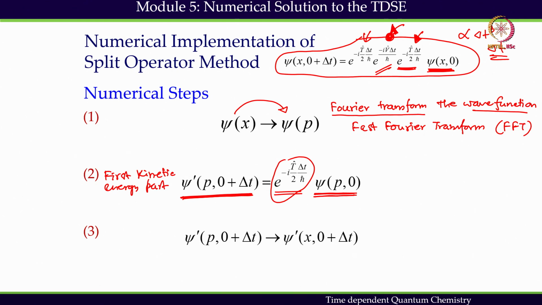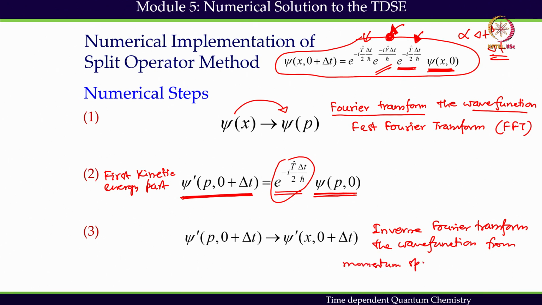Because it has to act on the real space, all we have to do is to use the inverse Fourier transform of the wave function from momentum space to position space again, because this operator will act in the position space.